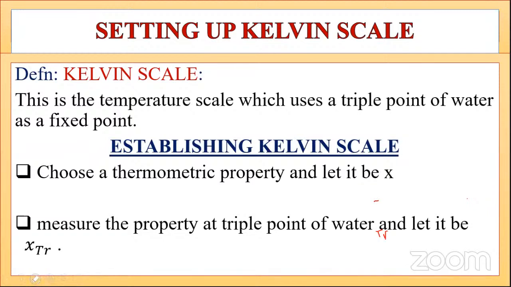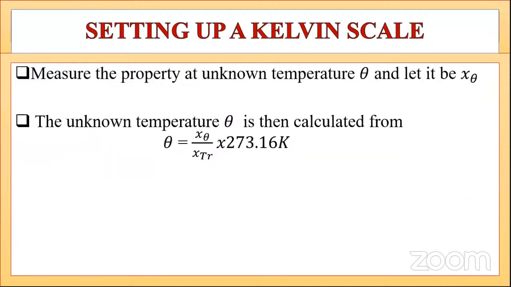So after measuring it and you let it be XTR at triple point of water, we measure the property at unknown temperature theta and call it X theta.